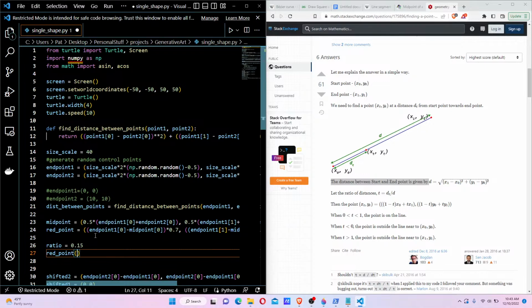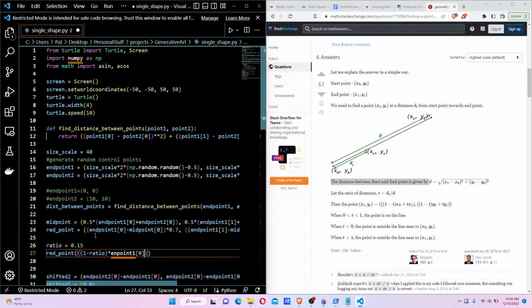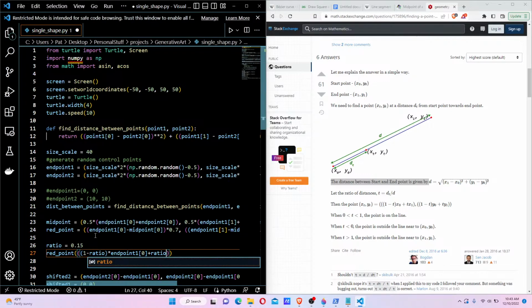So x is 1 minus ratio, multiply that thing times x naught. So endpoint 1 of 0 plus ratio times endpoint 2 of 0.